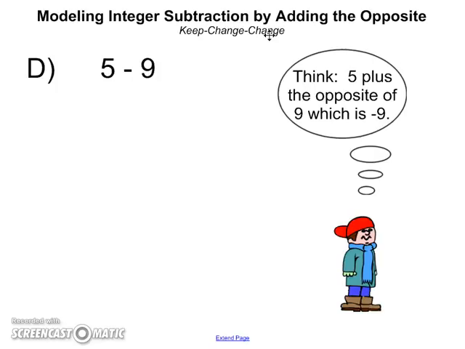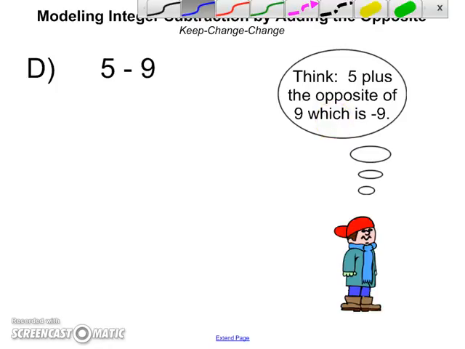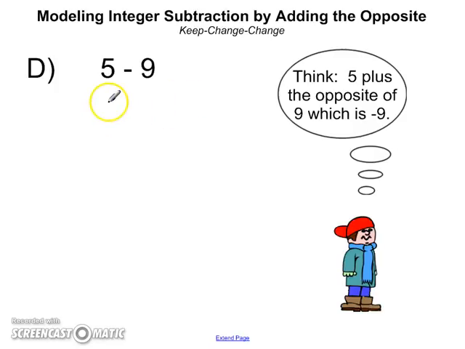Now, where this comes into play is because once I do this keep, change thing, it gets me back to the rules that I was following in the previous section of adding integers. And so if you think of this as add the opposite of, and again, use whatever method works for you, it could be useful. So okay, it basically is telling me that 5 I'm going to keep. I'm going to add the opposite of 9.